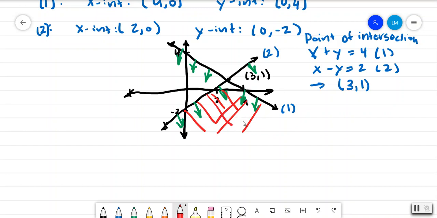Overall, though, the feasible region that we have here is unbounded. I maybe shouldn't have used the term bounded by the boundary lines, but it's still considered to be unbounded. So this is the shaded region that lies beneath the curve.